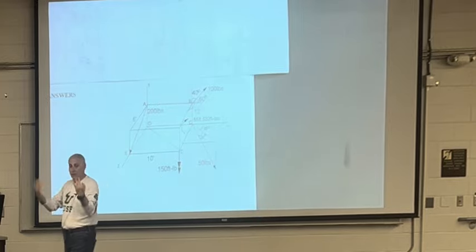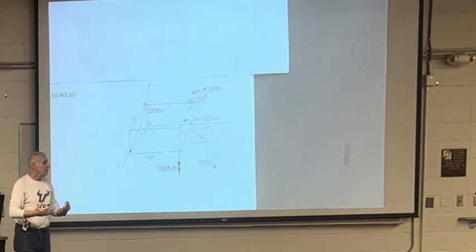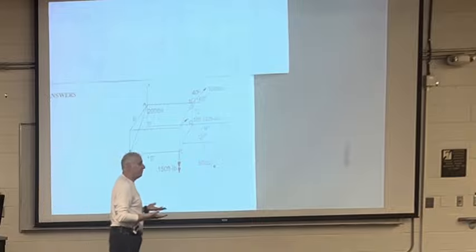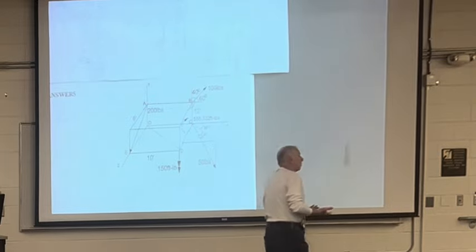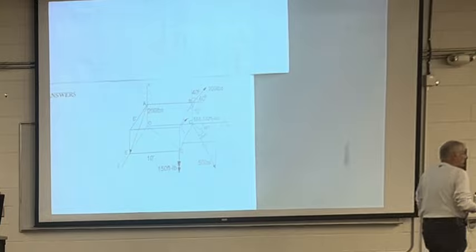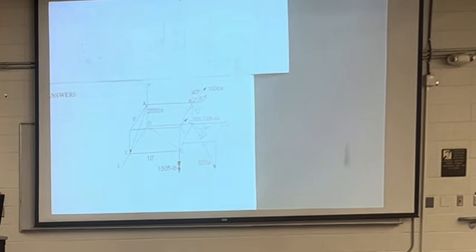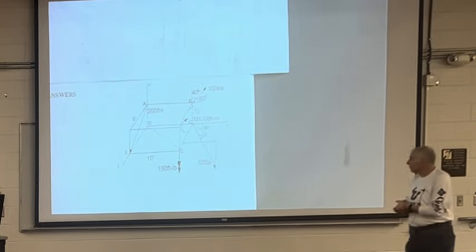All three ways are here. Should this surprise you? It shouldn't, because I've already told you. Hey, how many ways can I give it to you? 3. How many ways do you think I'm going to give it to you on the test? 3. Bingo. There it is. Shouldn't shock you, shouldn't surprise you.